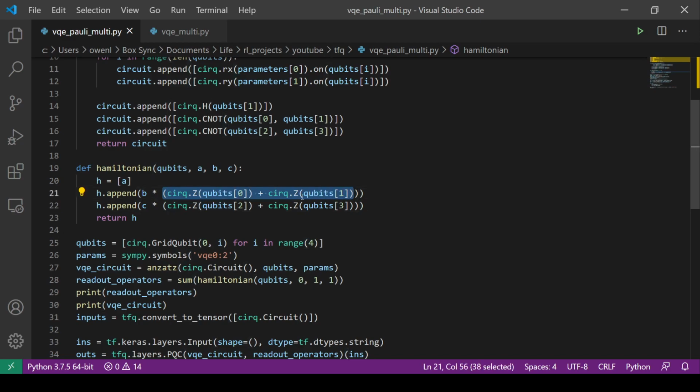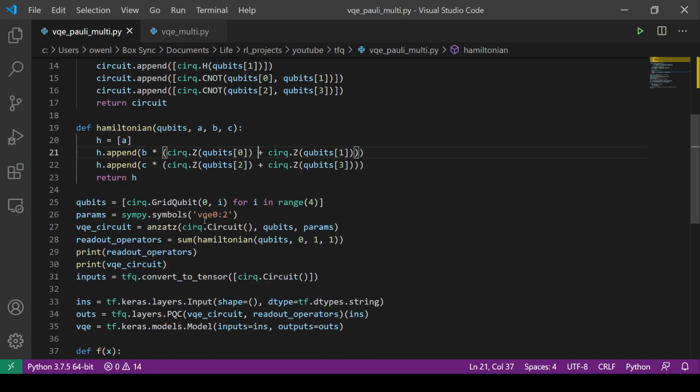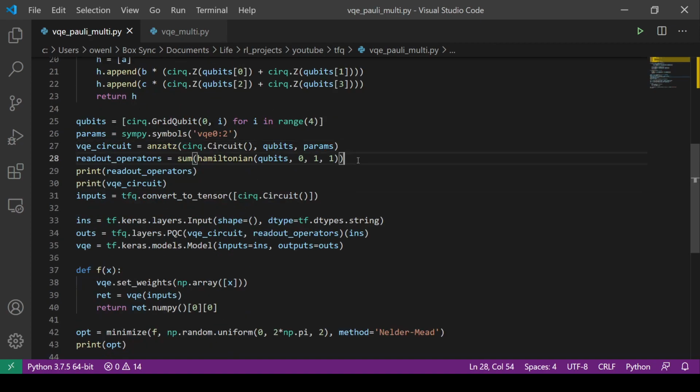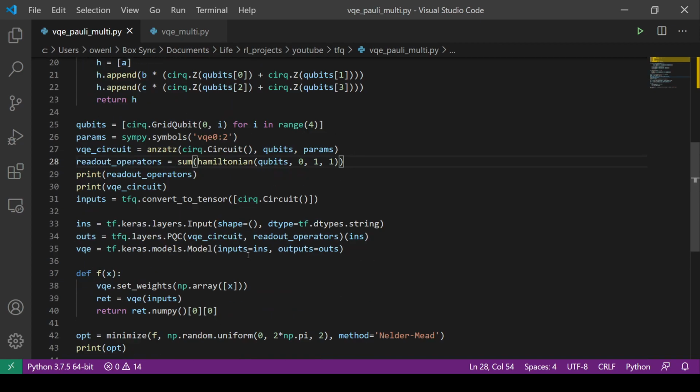It's important to note that you just add them, so you're just measuring in the Z basis as usual and adding them. So we create the 4 qubits, the 2 parameters, we create the circuit, and the Hamiltonian is a sum. This is all pretty much exactly the same in terms of code. All that's different is this stuff up here.